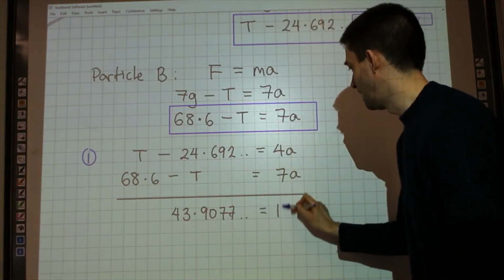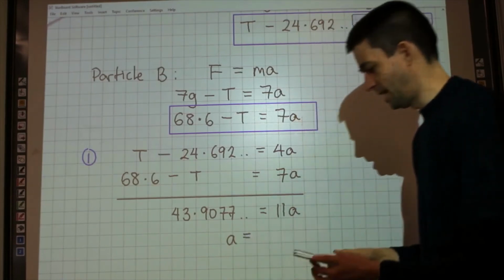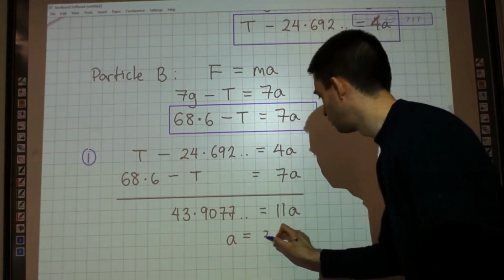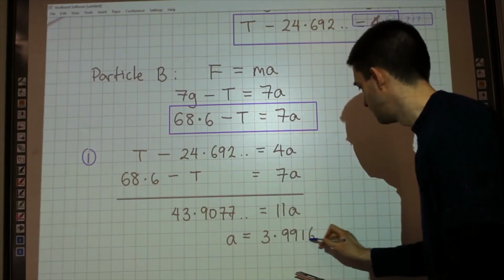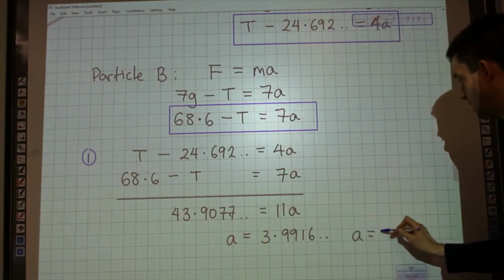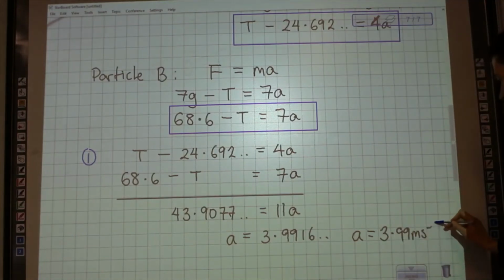is going to equal 11a, which dividing through by 11, a is 3.9916, which means that I can state that a is 3.99 metres per second squared to three significant figures.